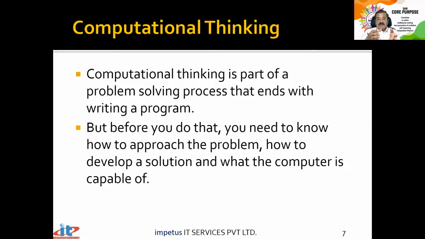But there is a proven, time-tested technique of analyzing a problem. So if you do the initial groundwork earlier, then automatically the solution will come up. And how to do that is what we'll do with some set of exercises. How do you come up with the right kind of solution to a problem?